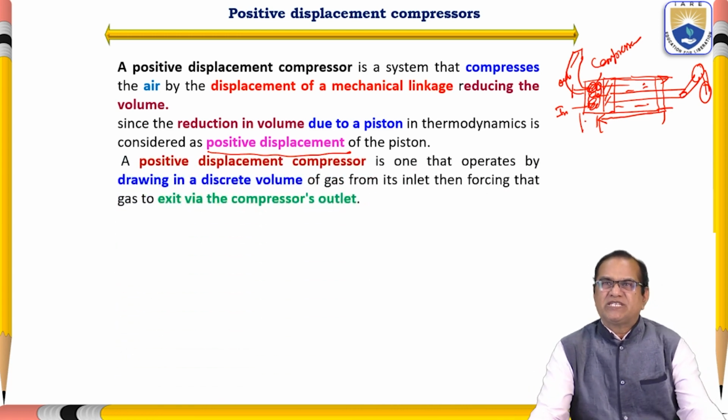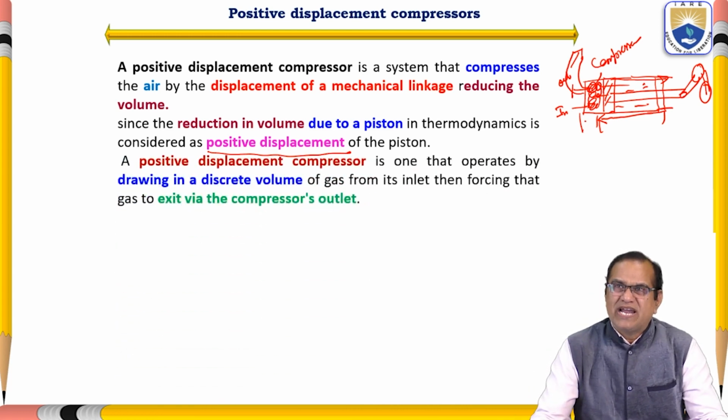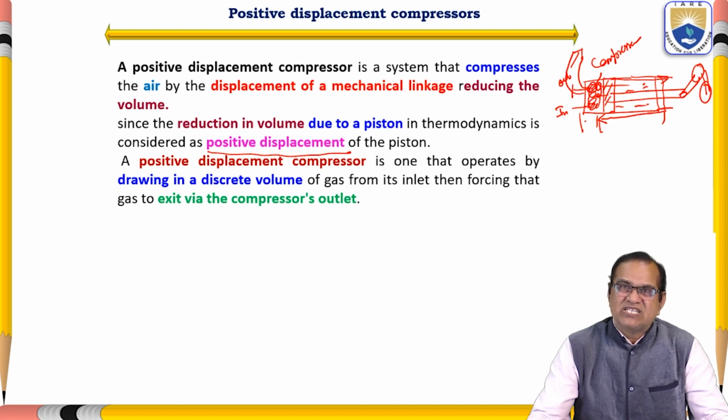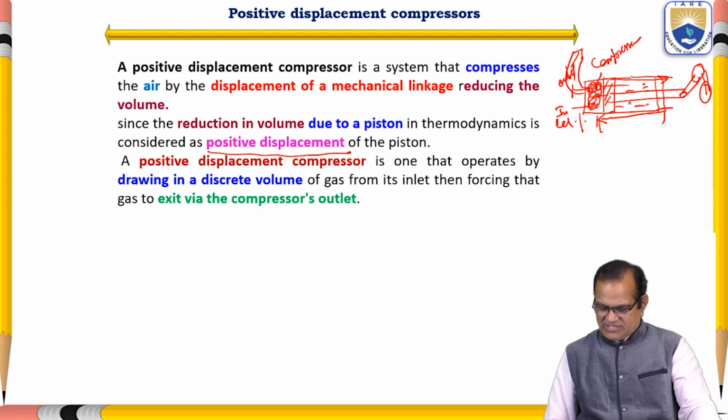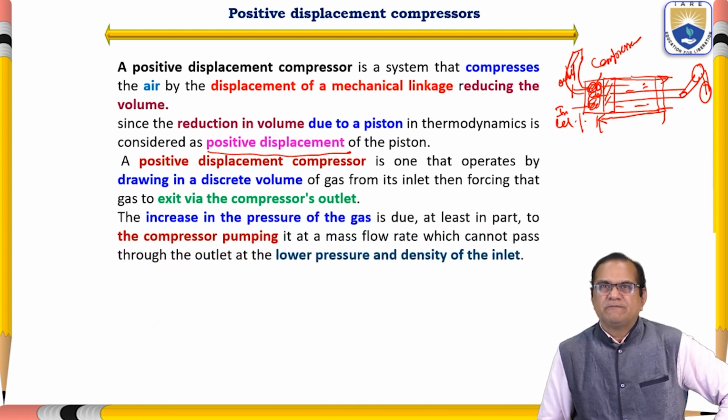A positive displacement compressor operates by drawing in a discrete volume of gas from its inlet, then forcing that gas to exit via the compressor outlet. Here is the inlet and this is the outlet, the same thing I have just explained.